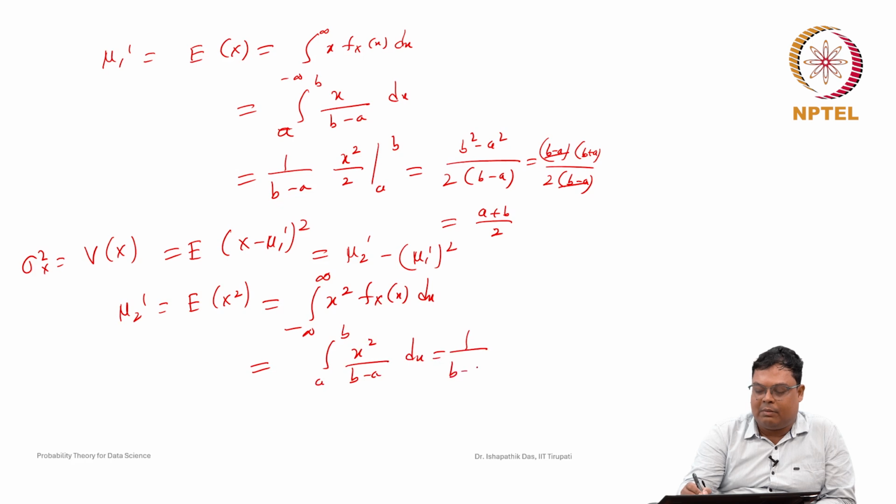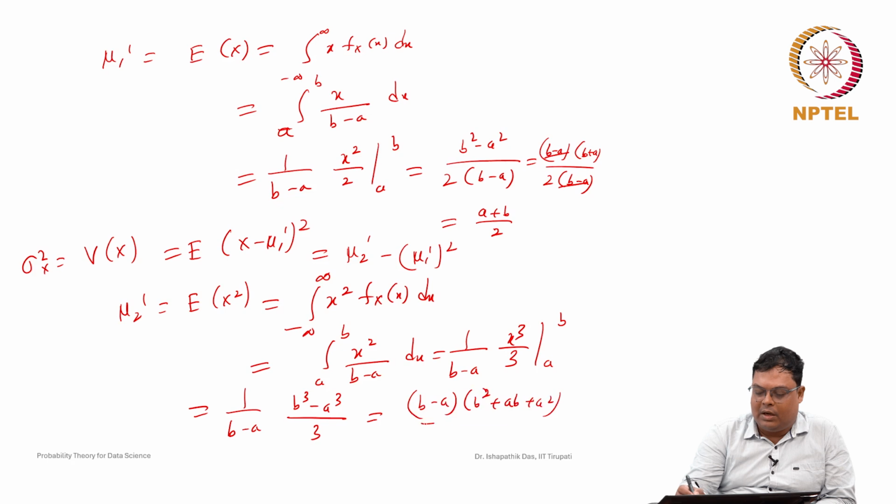So, then this is nothing but 1 by b minus a, x cube by 3, and the limit we have to use is a to b. So, this is nothing but 1 by b minus a into b cube minus a cube by 3. Then we can simplify it, it is nothing but b minus a into b square plus ab plus a square by 3 into b minus a.